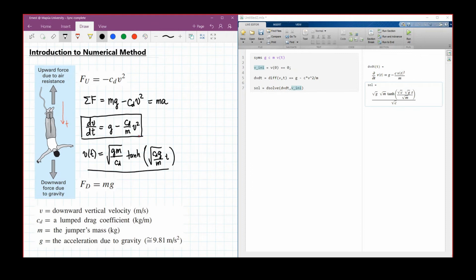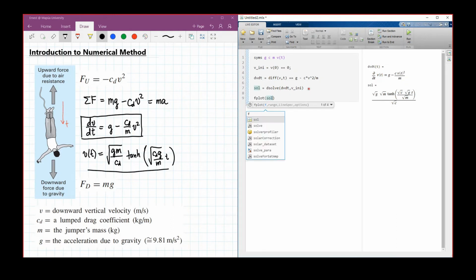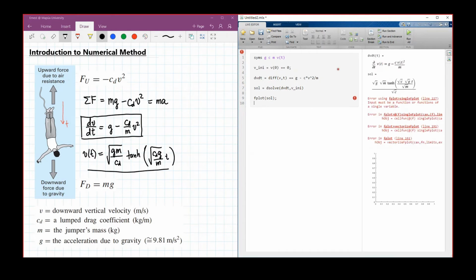Okay, and let's see how we are going to plot this. So let's say fplot. Okay. And then let's run. Okay, so there is a mistake.